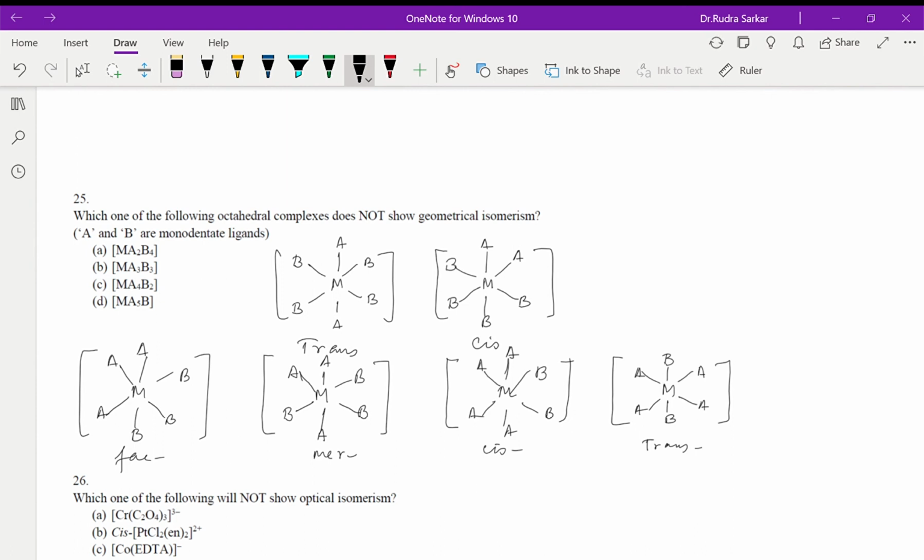However, for D, since there is only one B, it cannot show any GI. So obviously our answer here is going to be D.